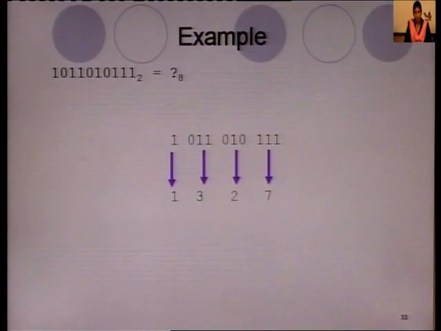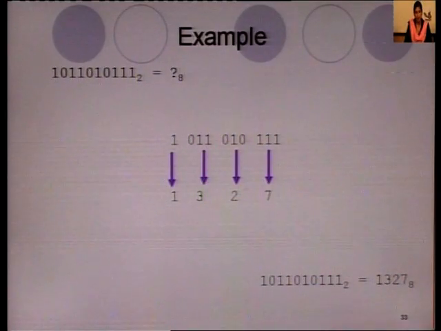The first group is represented as 7, the second group as 2, the third group as 3, and the last group as 1. So our resulting value is 1327, that is, the binary string will be represented as 1327 in the octal number system.